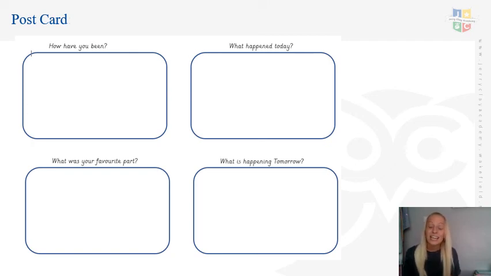And finally, the last box is what is happening tomorrow. So if it's the start of the story and you're choosing to write a postcard about your first day arriving at grandma's house, you might say that tomorrow you're looking forward to going on an adventure on your own and wanting to explore the rock pools and see if you can find any crabs.